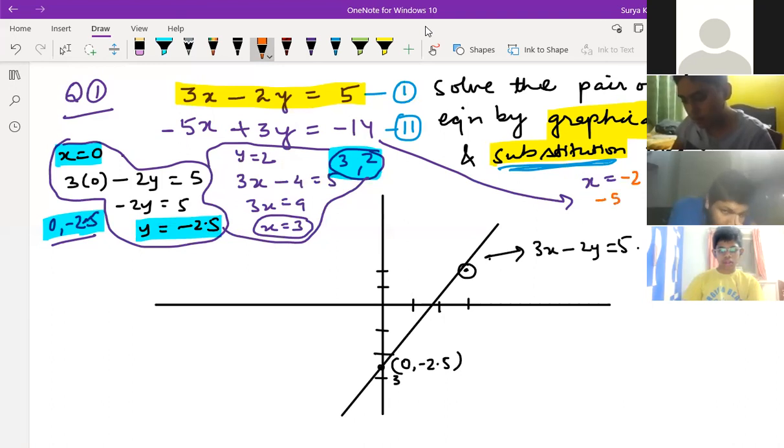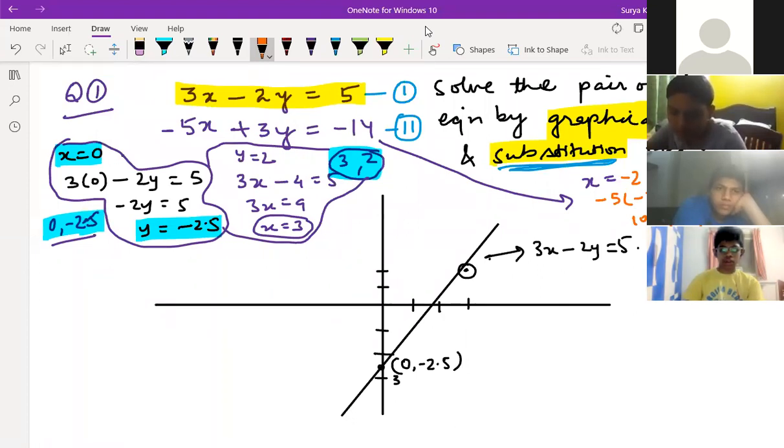Minus 5 into minus 2 plus 3y is equal to minus 14, right? So here you are getting 10. 10 plus 3y is equal to minus 14. So 3y is equal to minus 24. So y is equal to minus 8. Understood, children? y is equal to minus 8.